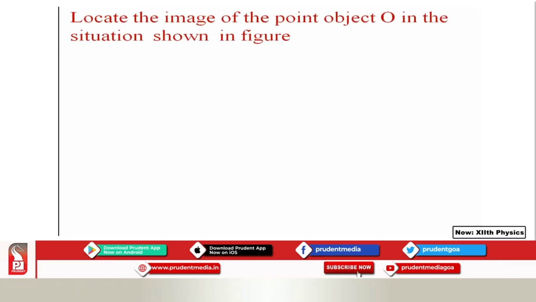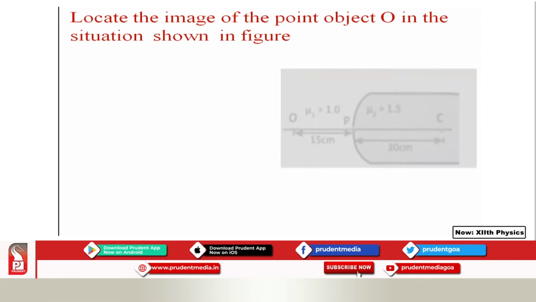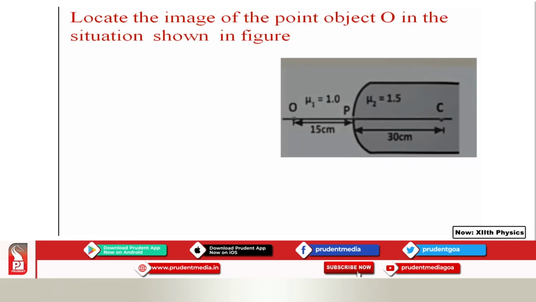Okay, students, so let us solve one simple problem. Here it is said: locate the image of the point object O in the situation shown in the figure. The figure is given, we have got the object O at 15 centimeters, the refractive index is given as 1, the refractive index of this medium is given as 1.5, and the radius of curvature is given as 30 centimeters.